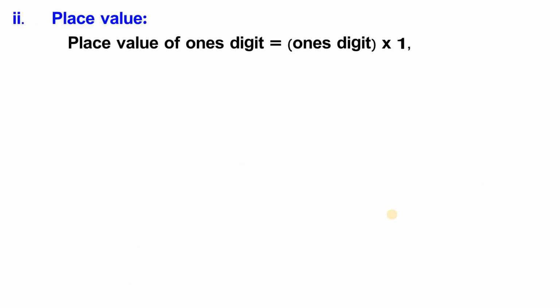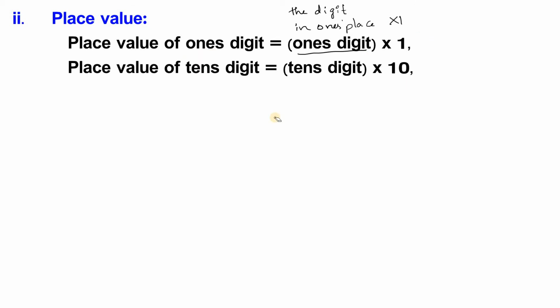Okay, going to place value. Place value of ones digit is equal to ones digit into 1. That means the digit in the ones place into 1, then we will get the place value of the ones digit. Place value of tens digit is equal to tens digit into 10.